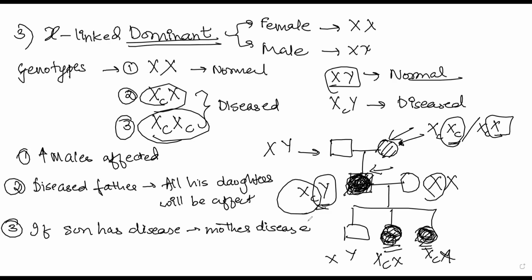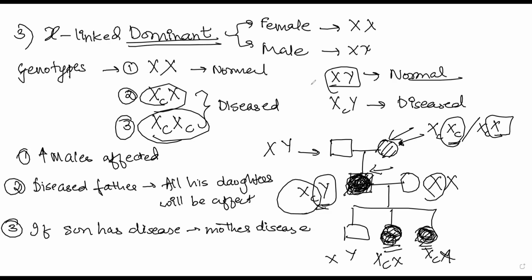If you see that the father has the disease and all daughters have the disease, it's X-linked dominant. If you see the son has the disease and the mother also has the disease, then definitely it is again an example of X-linked. Another way to put it is, if all daughters but none of the sons are affected and the father is also affected, then it can be X-linked dominant, combining both points 2 and 3.